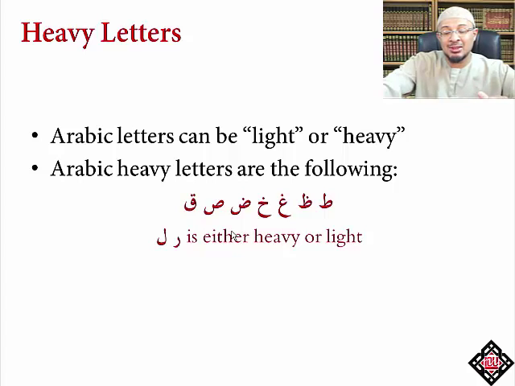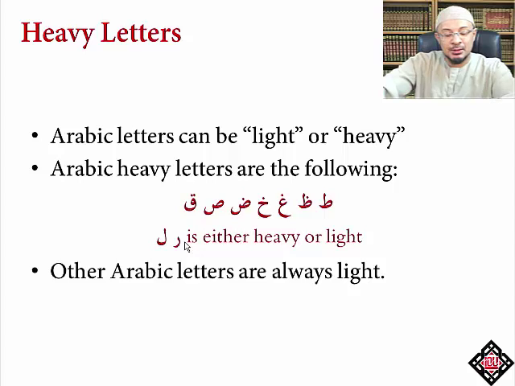The only time that lam is heavy is when we say the word Allah or lafdul jalala. Usually when we say the word Allah or lafdul jalala, it is heavy, with the exception if preceded by a kasra. But that's another point, and when we discuss lam, we will look at that. But ra is usually heavy, and this is important because in order to pronounce the ra properly, we should be acquainted with some of the phonetic tricks in being able to pronounce heavy letters.